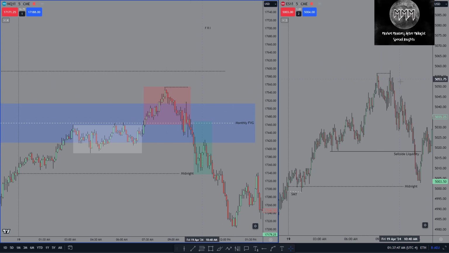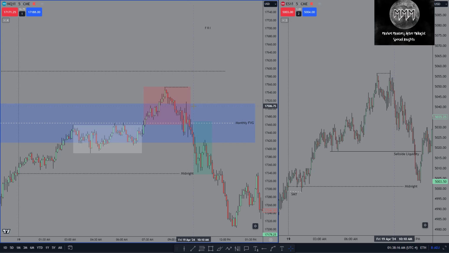Right here, as we see the ES reach up for that high to create the lower time frame SMT, that is when the NASDAQ is trading back into a 5-minute order block, a 5-minute breaker, and the high of the monthly FVG. These higher time frame key levels are so important.